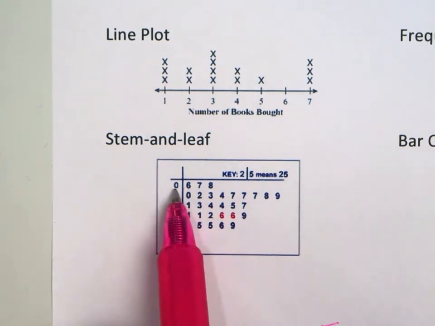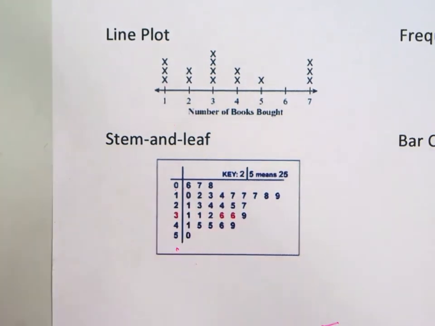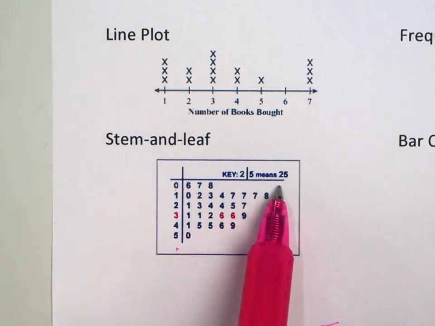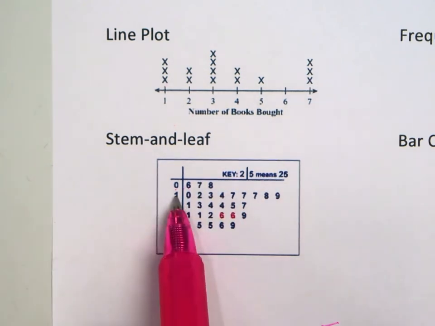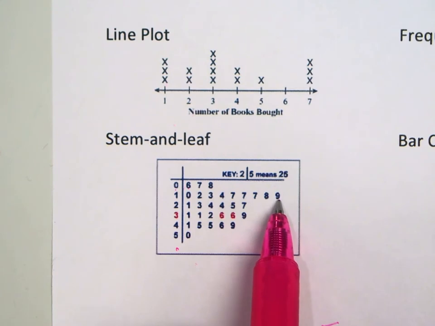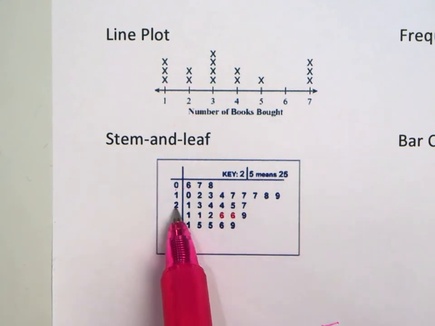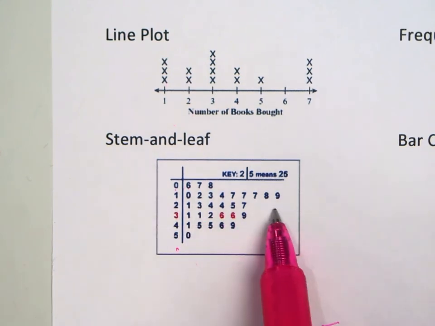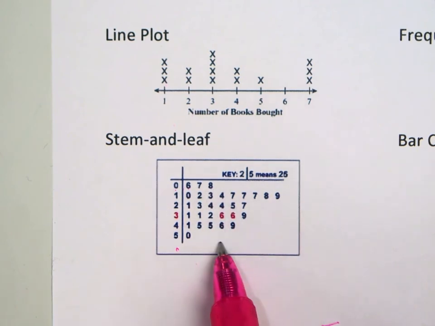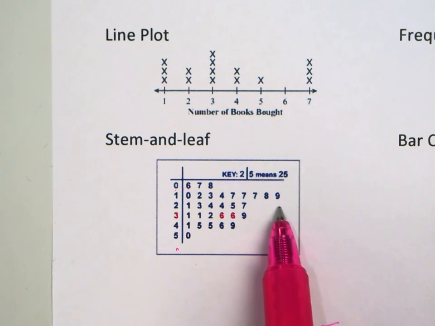You have to look and see, so your range would be from 0 to 9, 10 to 19, 20 to 29. Now notice there is no 29 here, but you want to make your ranges equal. So you are going to still make it a 29 even though you don't have one listed in your data.